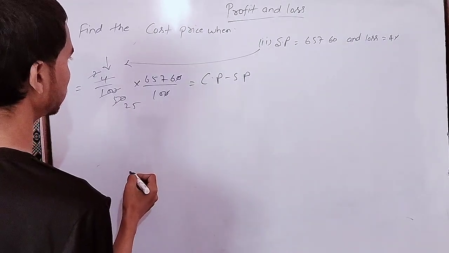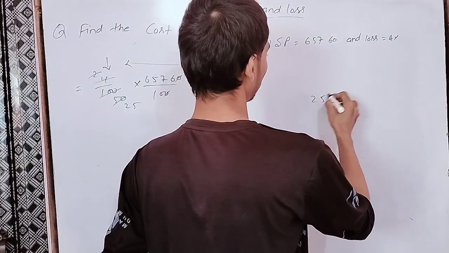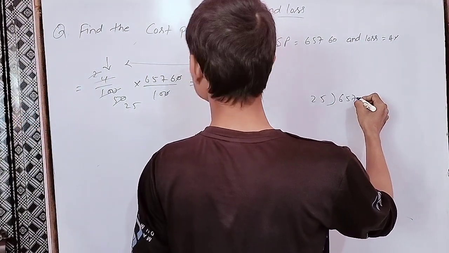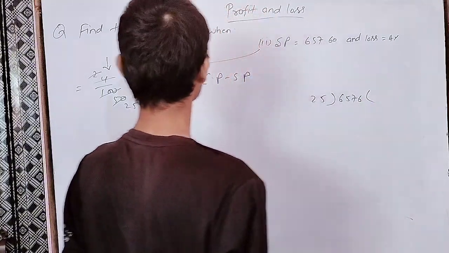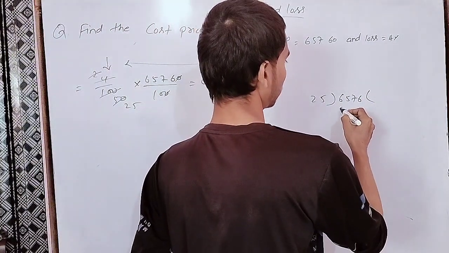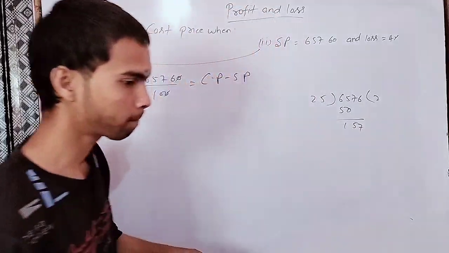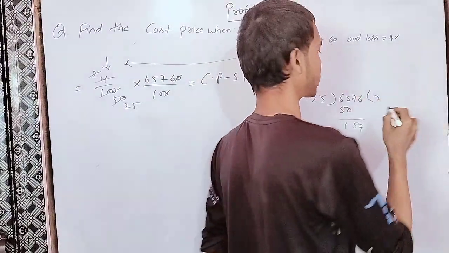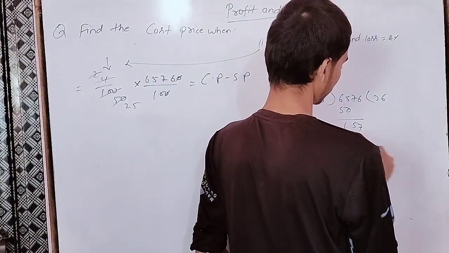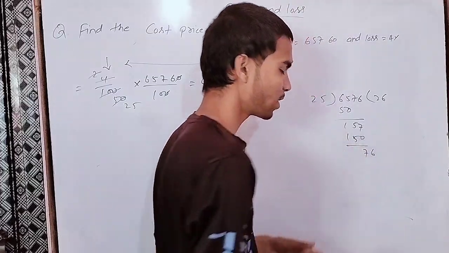Now 2 to the 4, 50. Okay, clear. Let's cancel this by 25. 50 times 5, yeah. 55, 56, 7, 6, 53.